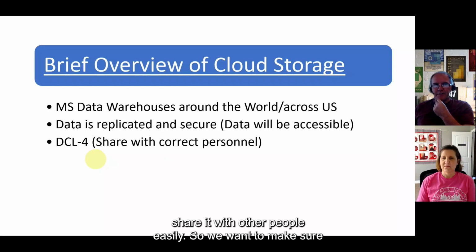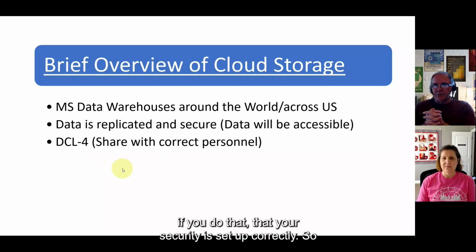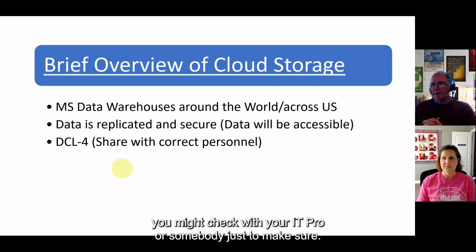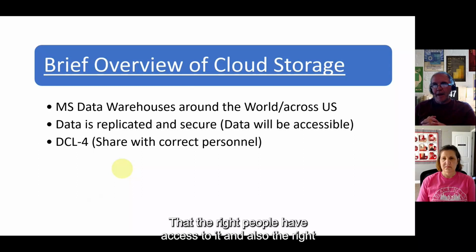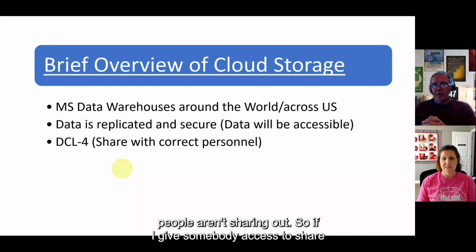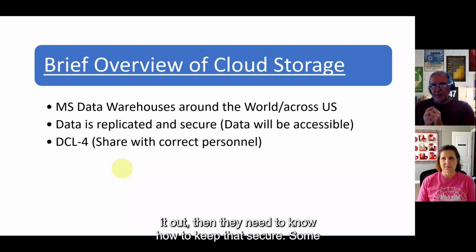So if you do that, make sure your security is set up correctly. You might check with your IT pro to make sure that the right people have access to it, and also that the right people aren't sharing it out. If I give somebody access to share it out, then they need to know how to keep that secure. Okay.